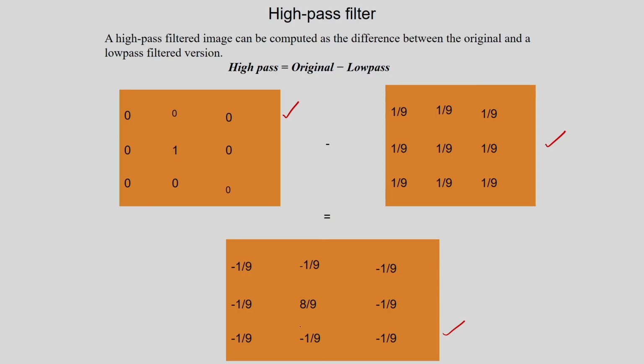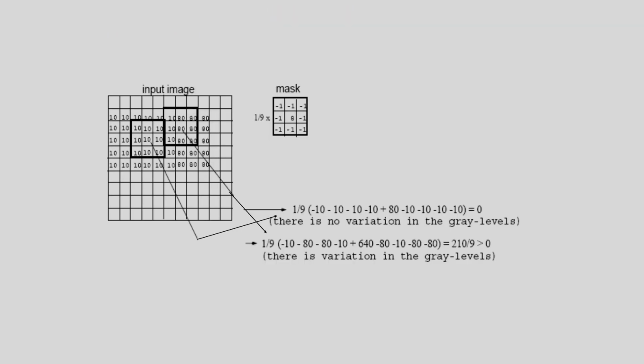So this is the mask corresponding to the high pass filter. So the center pixel is 8 by 9, and the remaining you can see are minus 1 by 9, minus 1 by 9, minus 1 by 9 like this. So you can see how to get the high pass filter mask. And if I apply this mask, the high pass filter mask, this is the mask corresponding to the high pass filter.